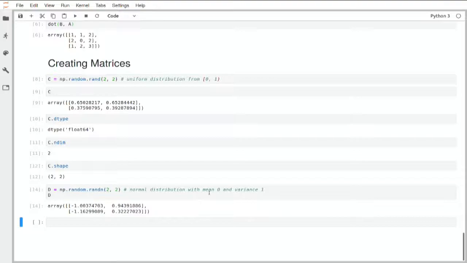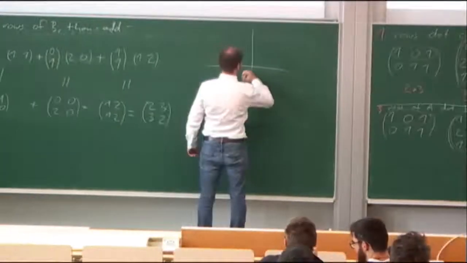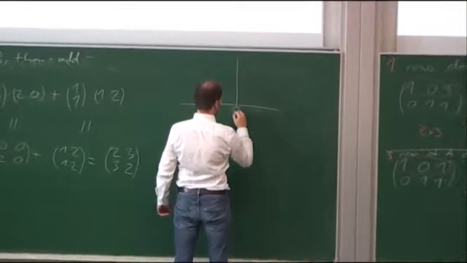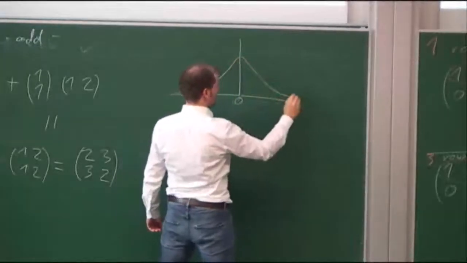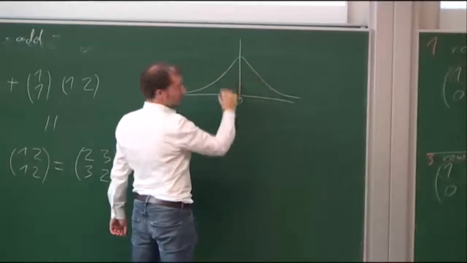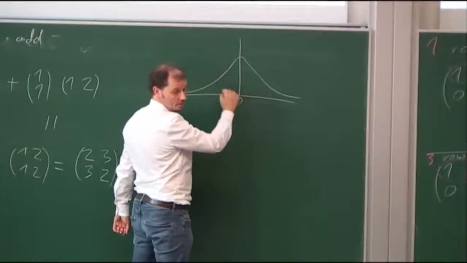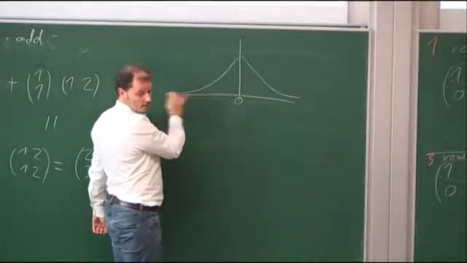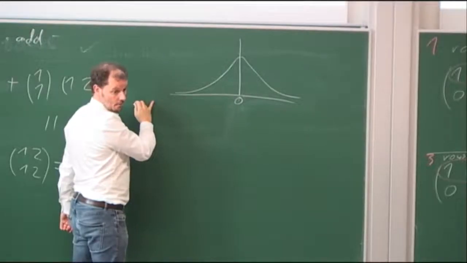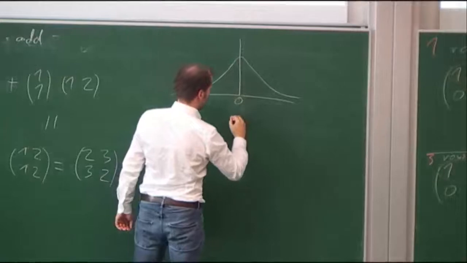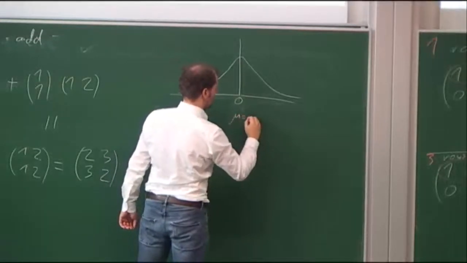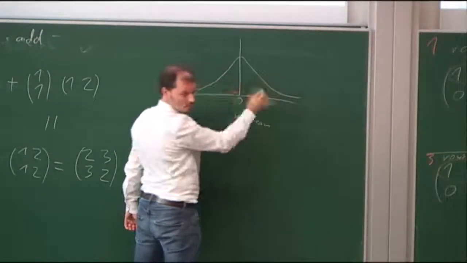The Gaussian distribution, if this is 0, looks like this. You get a lot of values around 0, and then fewer and fewer values the further away you go from 0. So this is mu, the mean of all the values that you get.